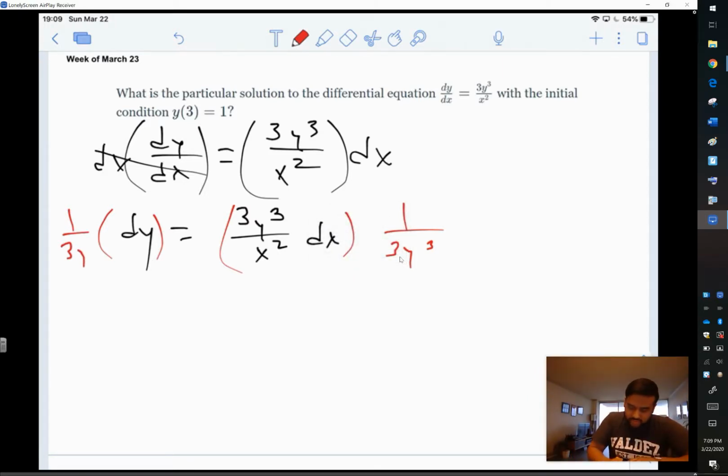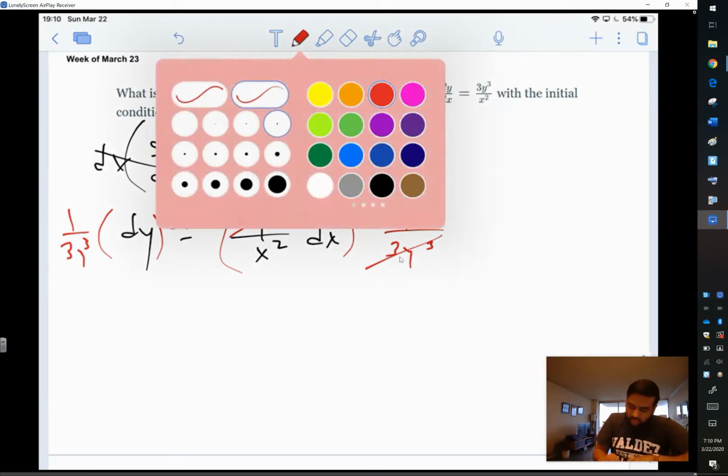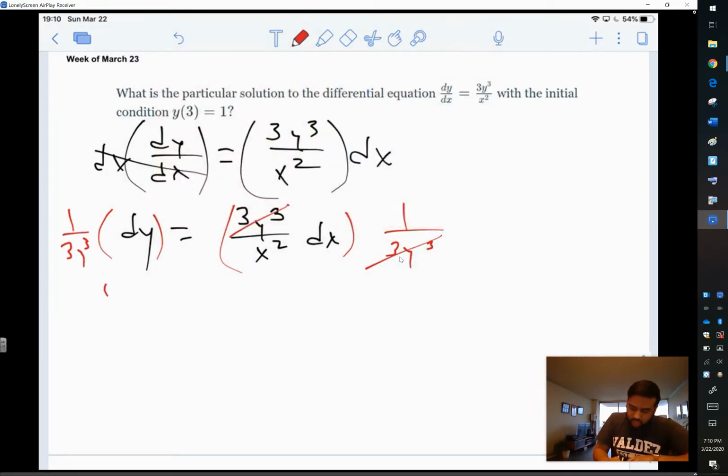That's going to enable cancellation here and there. Again, y is with dy, x with dx. So that will give us 1/3y cubed dy equals 1/x squared, because that's still on the bottom, dx.